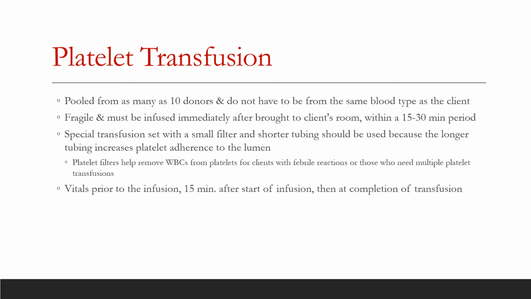Special transfusion with a small filter and shorter tubing is usually required because the longer tubing increases the platelet adherence to the lumen and then promotes clot formation, right? So we want to prevent that. We want the client to have the ability to clot, not the tubing. So we need to get it to them as fast as possible.